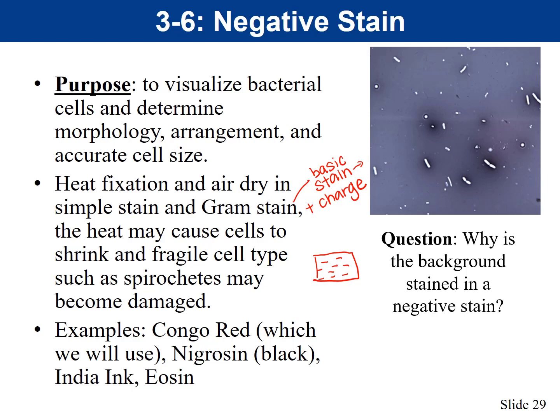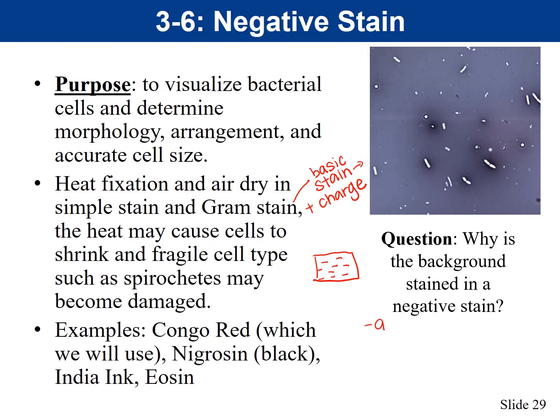Now thinking about that, what do you think the negative stain has that causes it to stain the background and not the cell? First things first, let's start with whether the stain is acidic or basic. If a basic stain carries a positive charge, what type of stain do you think a negative stain would be?